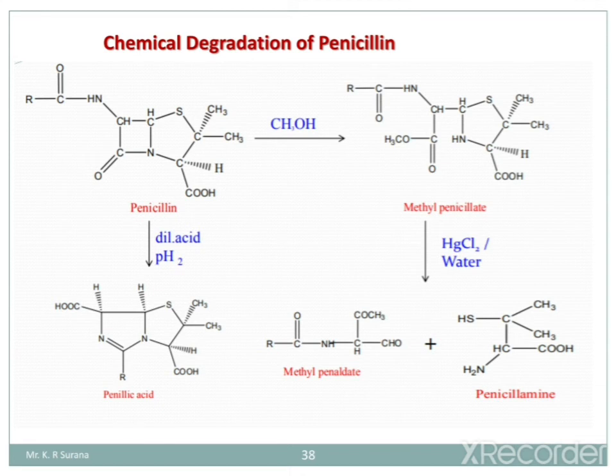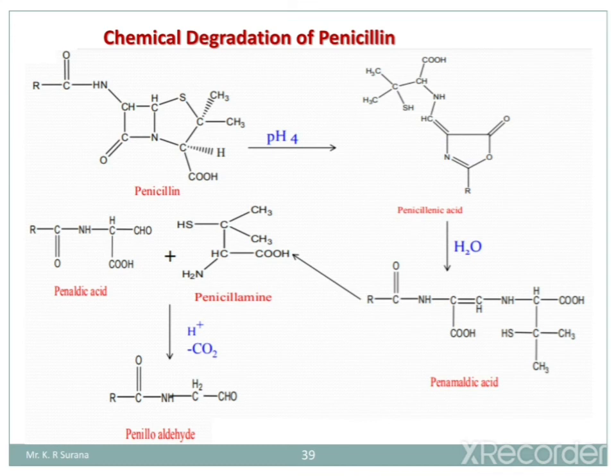These different components will also be obtained in the presence of HgCl2 and water, by conversion of methyl penicillinate to penilloic acid, methyl penaldate and penicillamine. So this is the second way of degradation of penicillin.